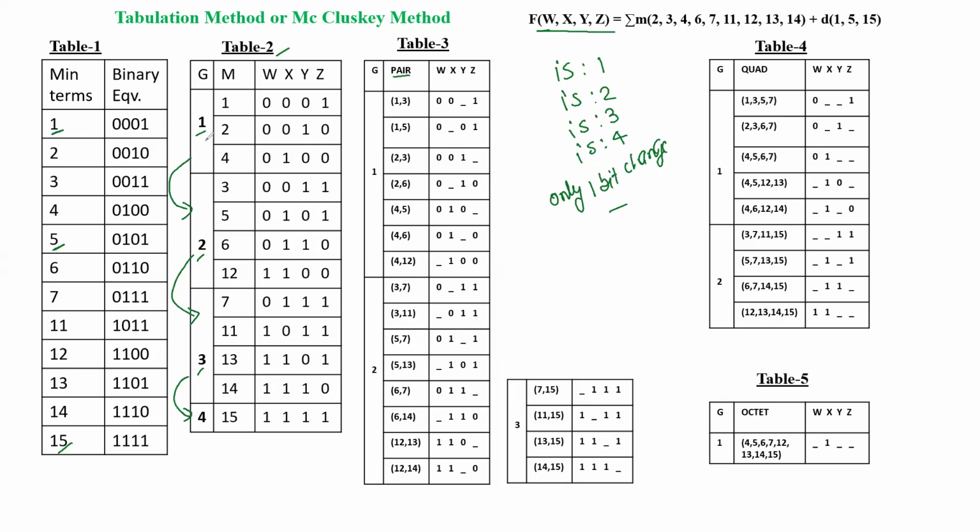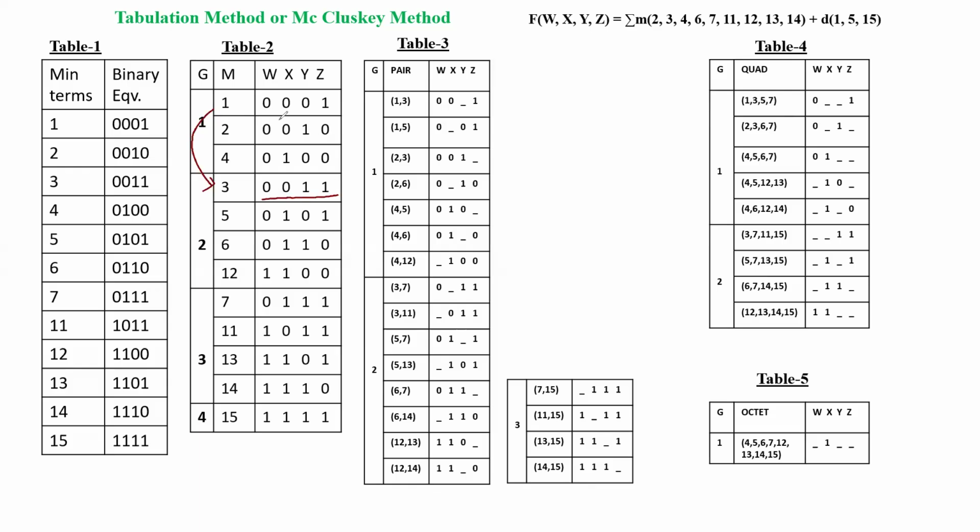So here, the first combination we have is 1 and 3. If you compare, 1 is 0001 and 3 is 0011.